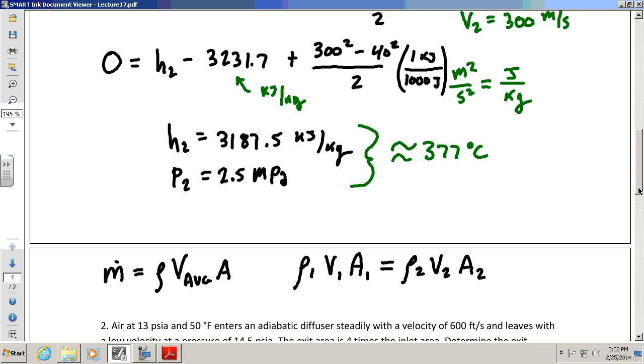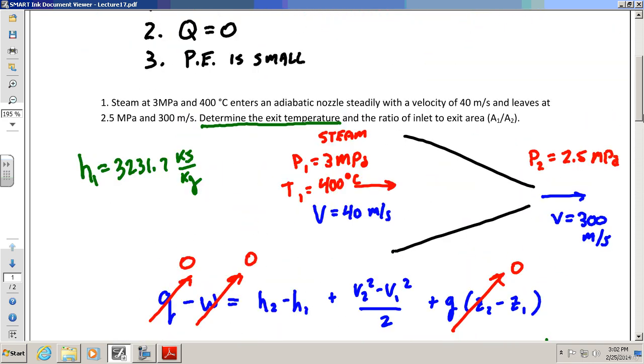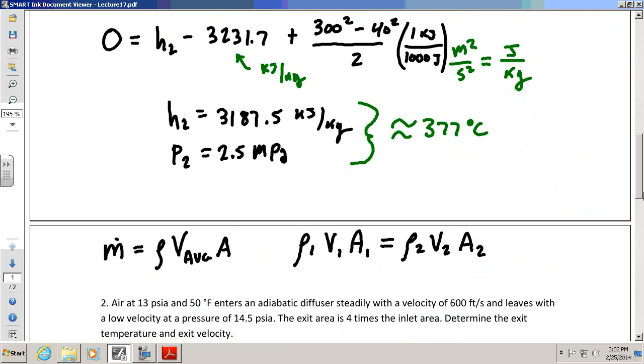So I want to solve for the ratio, A1 over A2. So now I'm going to manipulate this equation to solve for A1 over A2. That's not too hard. A1 divided by A2 is going to be equal to rho 1 V1 divided by rho 2 V2.